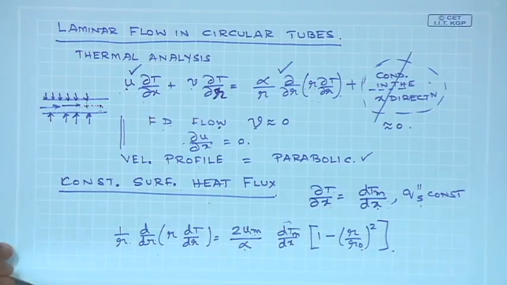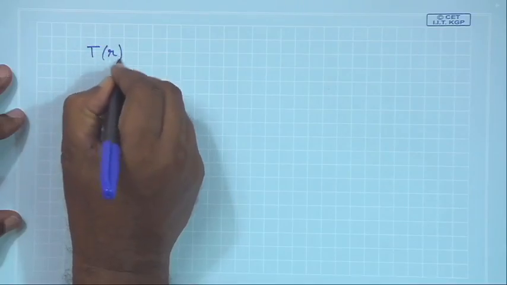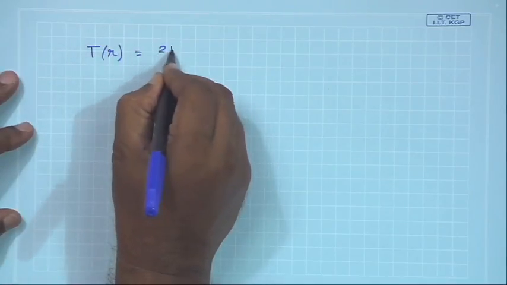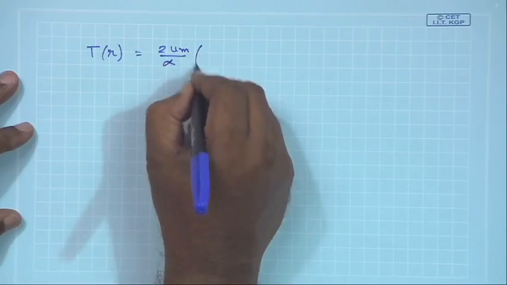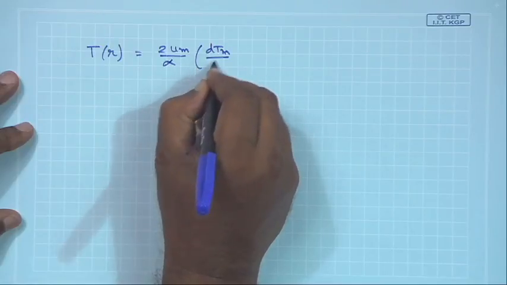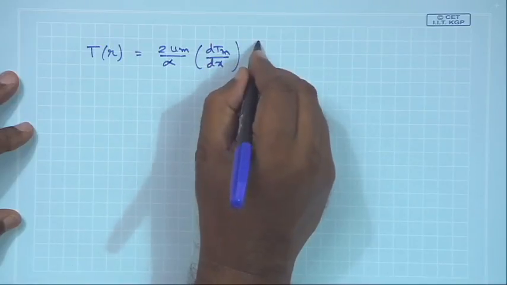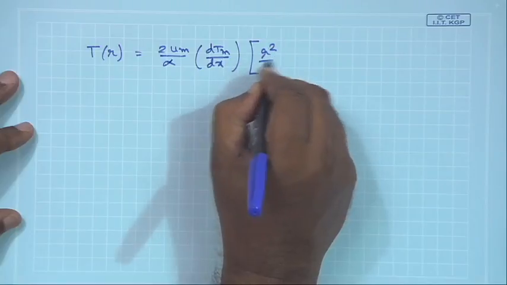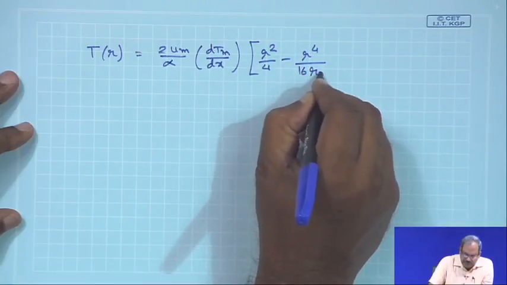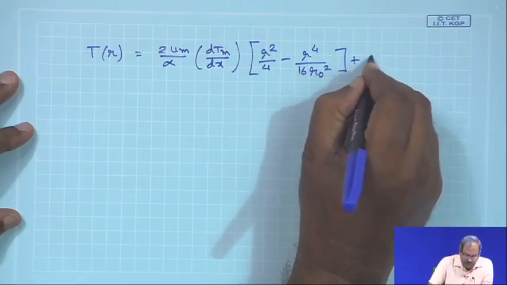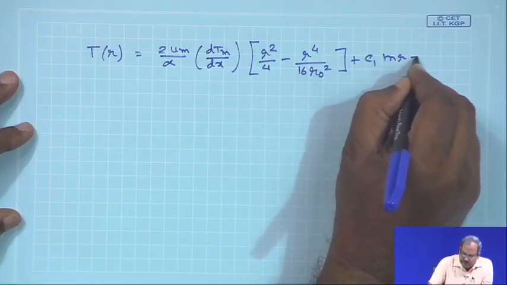this equation can be integrated quite easily, and what you get after integration is T, which is a function of r, is simply going to be 2 by alpha times dTm dx, times r square by 4 minus r to the power 4 by 16 r 0 square, plus C1 ln r plus C2.